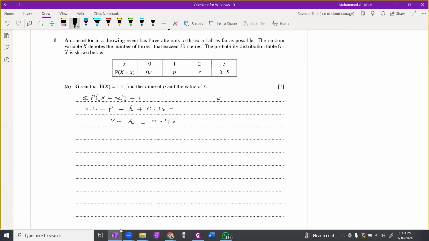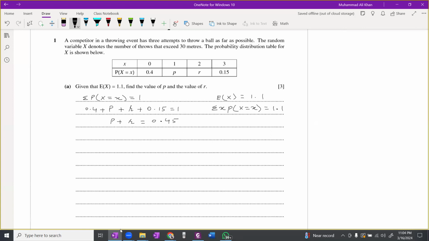Second equation: expected value is equal to 1.1. How can we calculate the expected value? The summation of X multiplied by the probability of X is equal to 1.1, given in the question.